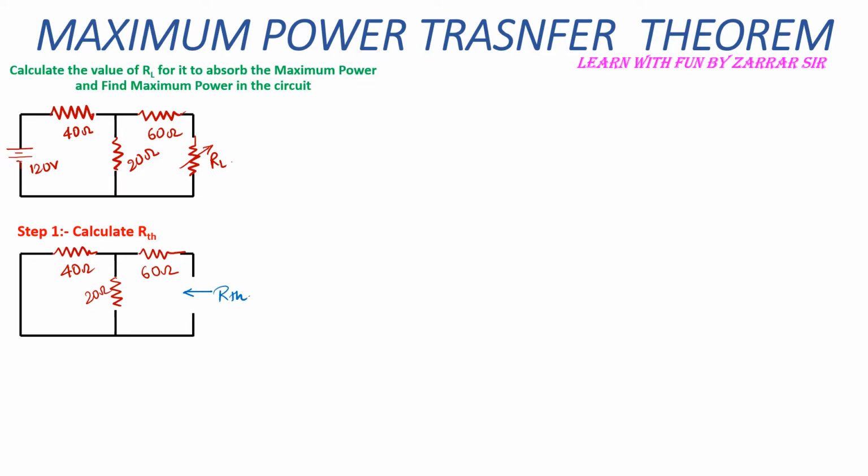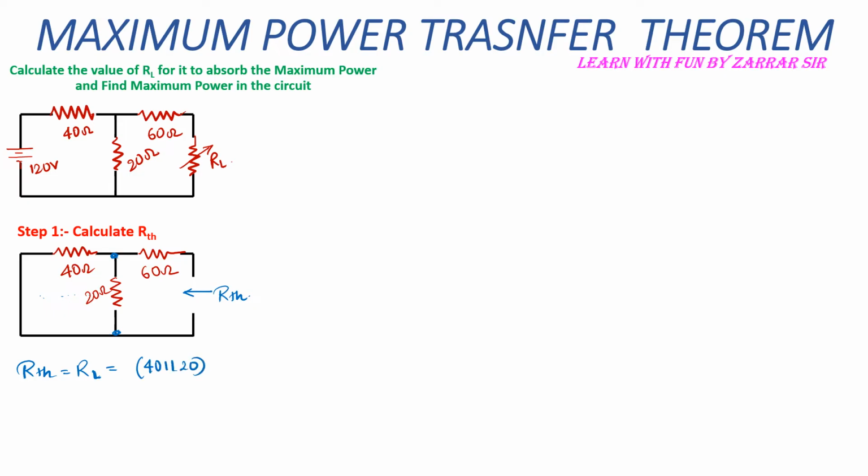Now what will be my RTH or RL? See, this resistance and this resistance, the 40 ohm and 20 ohm, are in parallel. You have to go to the end position and come back from the end position. So when you go to the end position, you'll find 40 ohm and 20 ohm are in parallel. So you'll write first 40 parallel 20.